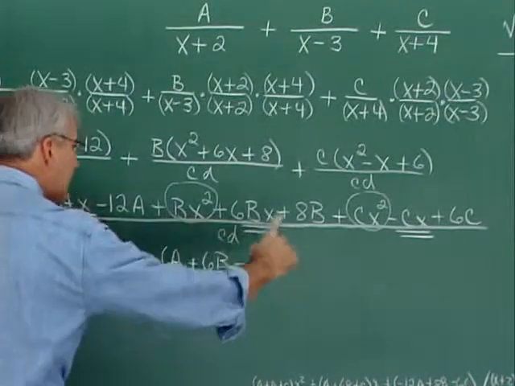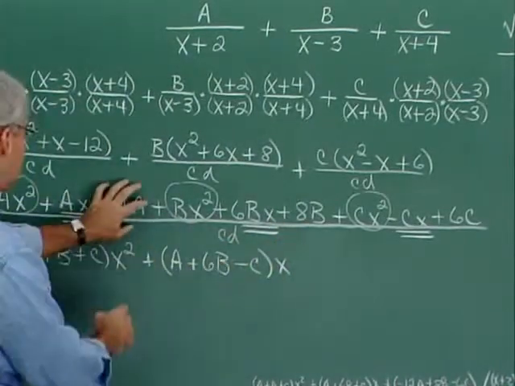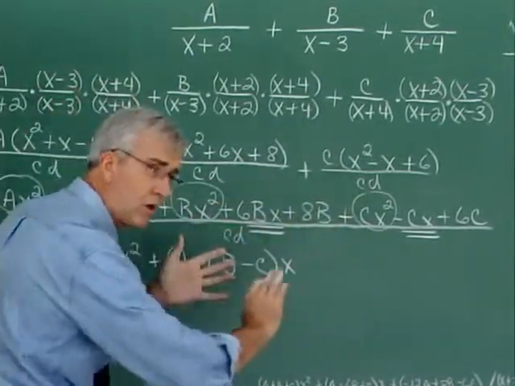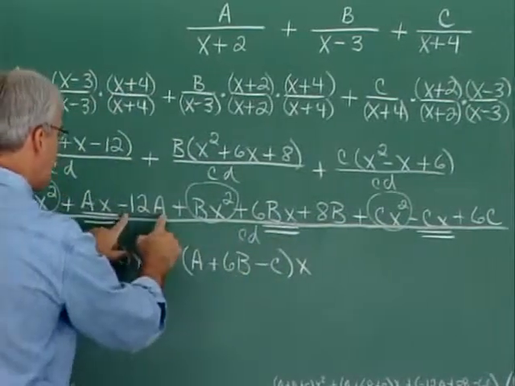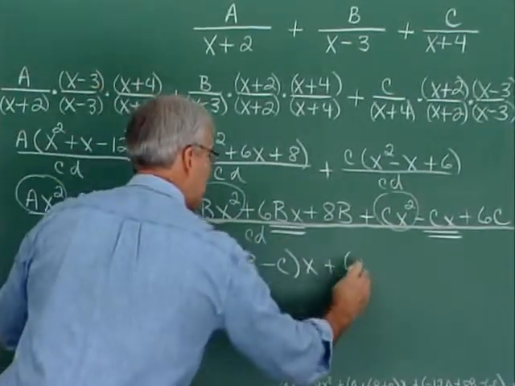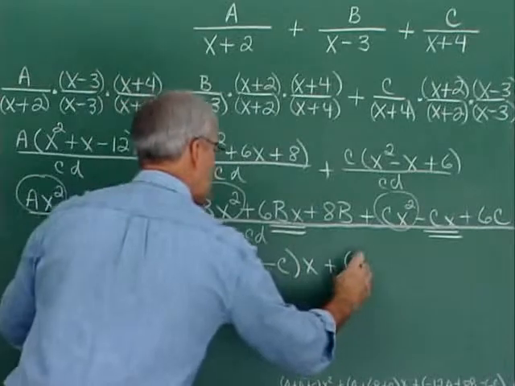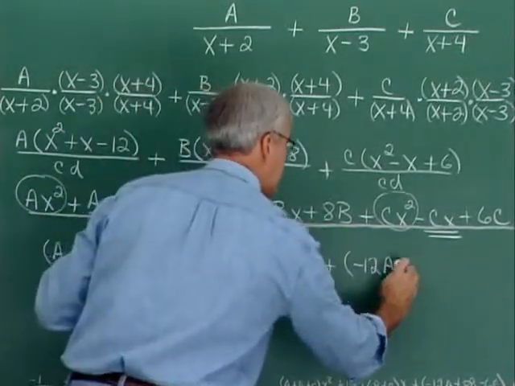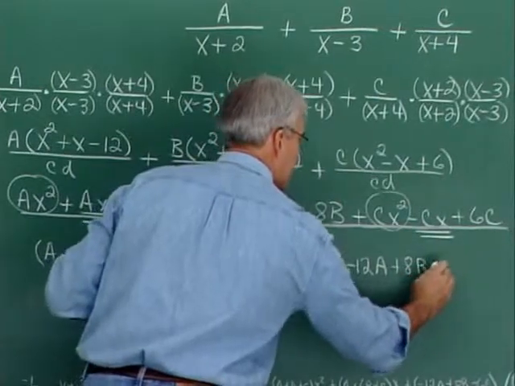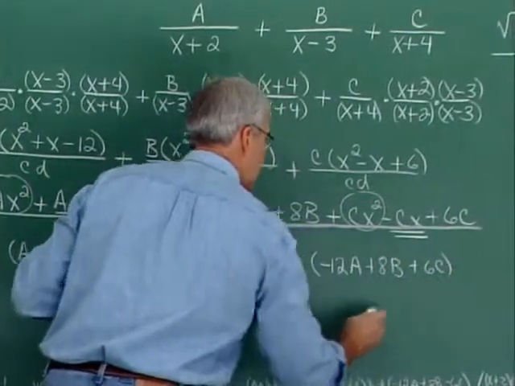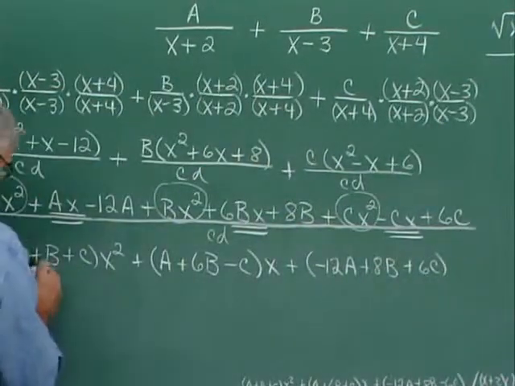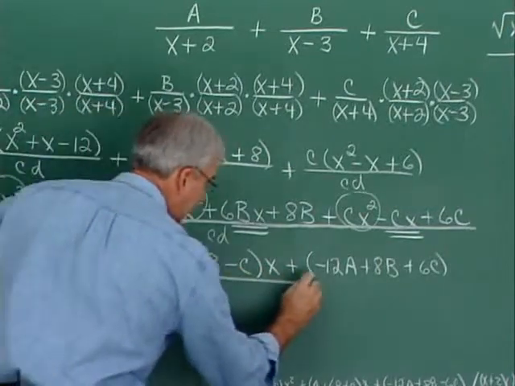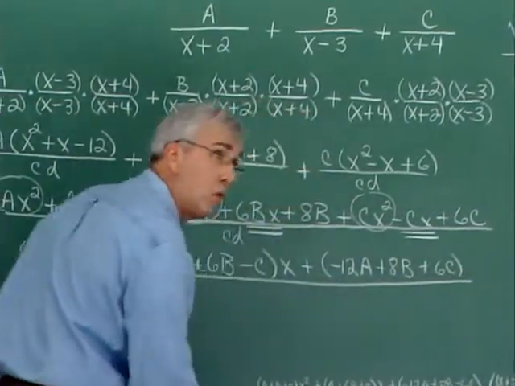And then I have the constants. All the rest of them represent the constant part of this quadratic form. So I'll put these in parentheses just for emphasis. I'll write minus 12a and plus 8b plus 6c. And now all of this is quadratic in form.